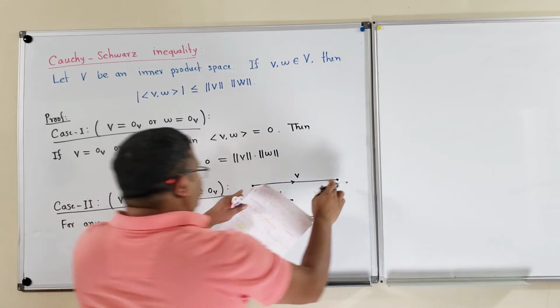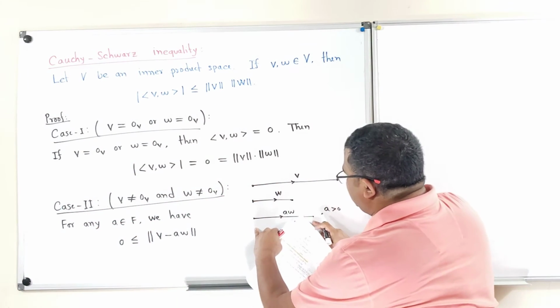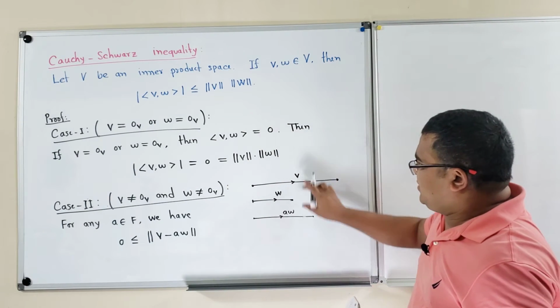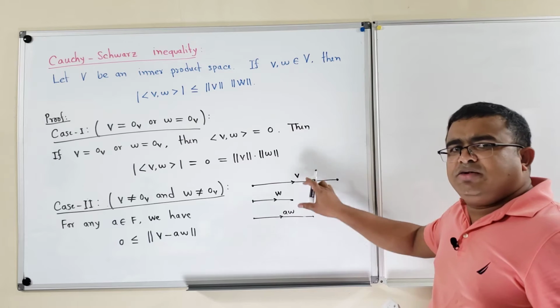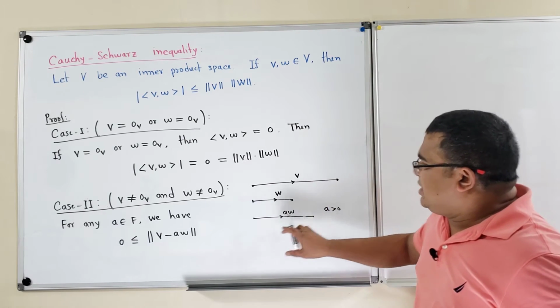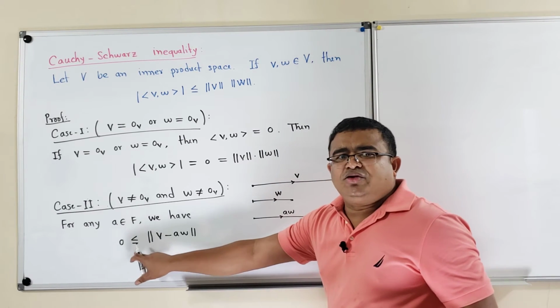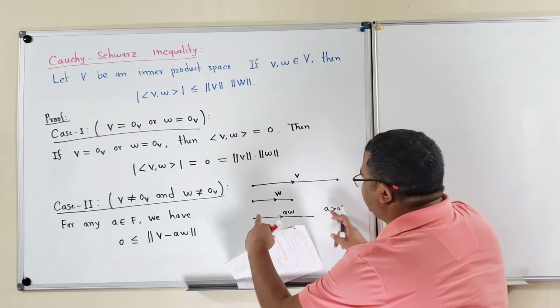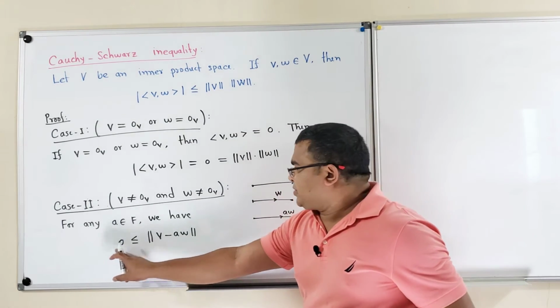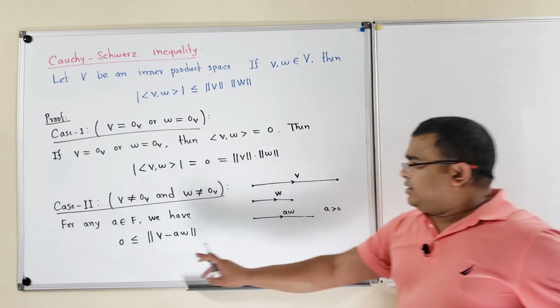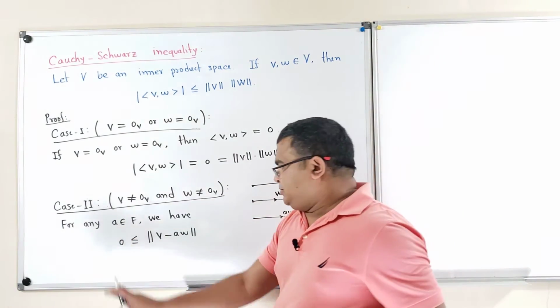If this is v and this is aw, what would be their difference? The norm of their difference should be either 0 or more than 0. If their lengths are equal, then it would be 0, and if not equal, then it would be more than 0.